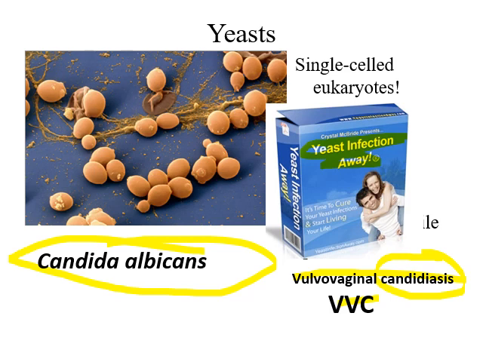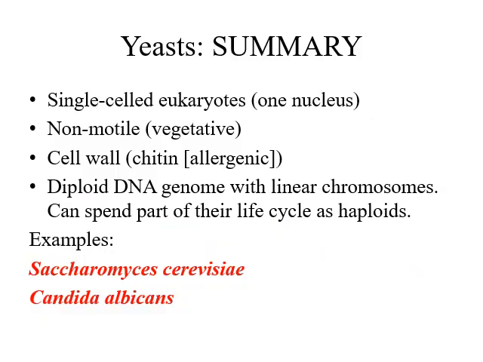You actually kill athlete's foot with the same chemical that you use to kill vaginal yeast infections. Okay, so two examples of single-celled yeast that we've learned about are Saccharomyces cerevisiae and Candida albicans.